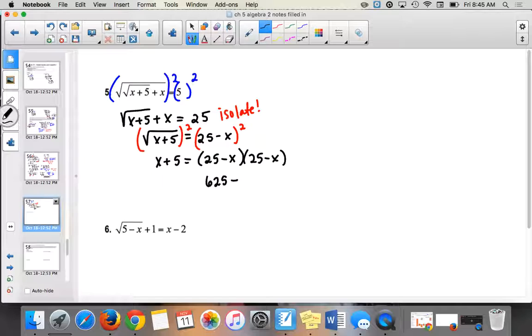So 625, I'm going to have minus 25x and another minus 25x. So minus 50x. And then negative x times negative x is plus x squared. You guys all see how I got that? So I foiled. Equals x plus 5. So I say, okay, I have x's and I have x squared. Let's get everything on one side set equal to 0.